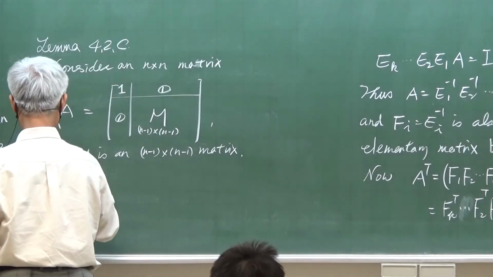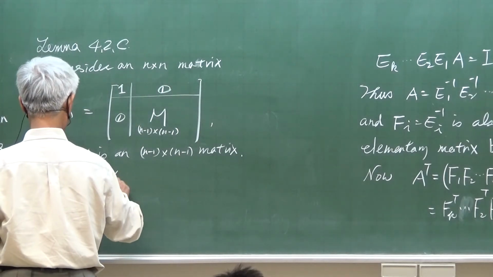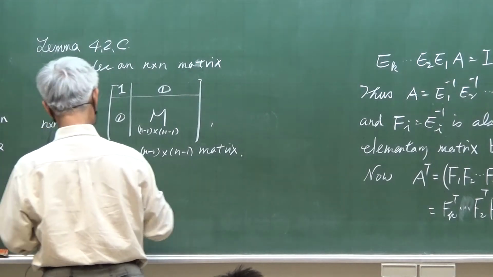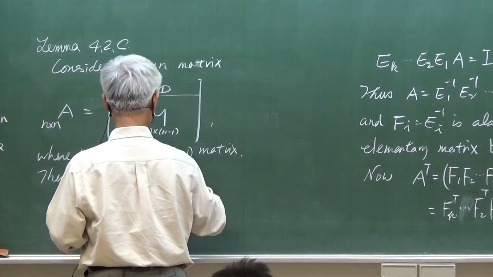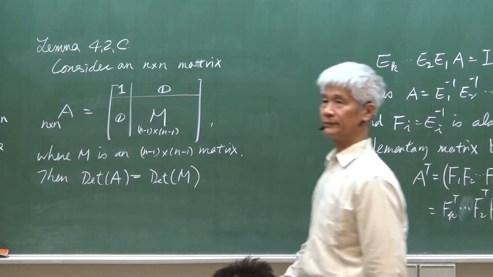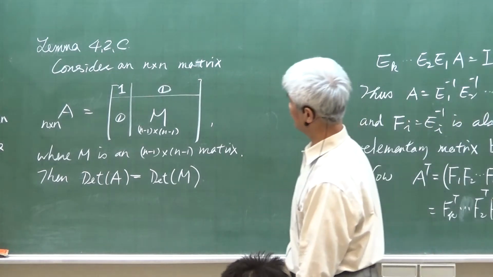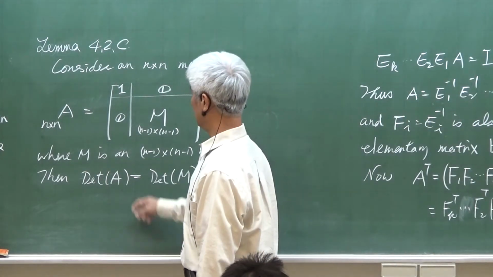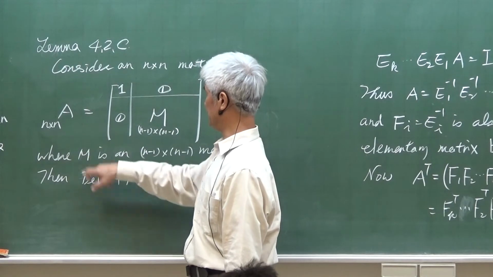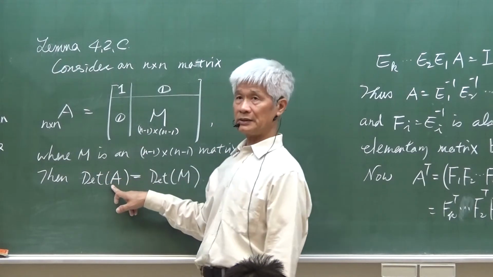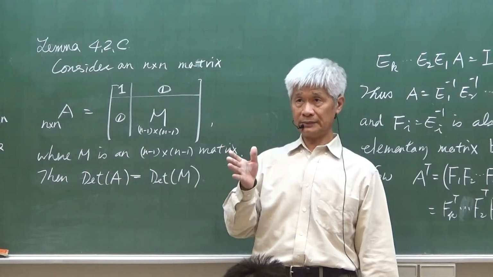Then the determinant of A is equal to the determinant of M. So the purpose is that originally we have to compute determinants of n by n, right?